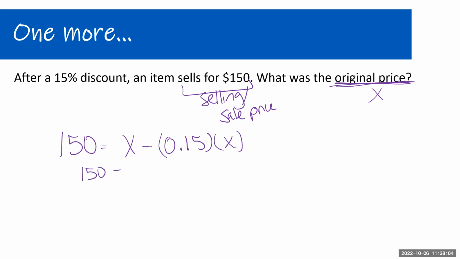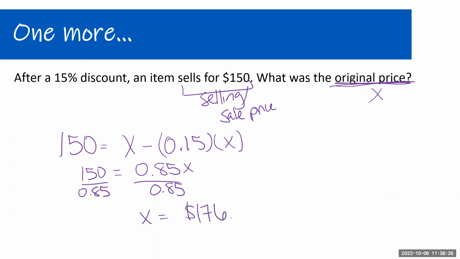This is going to give us 150 equals 0.85x, because 1x minus 0.15x is going to give us 0.85x. If we divide both sides by 0.85, we see that x is going to be around $176.47. Okay, so the original price was around $176.47, and today with this 15% off, you get it for $150.